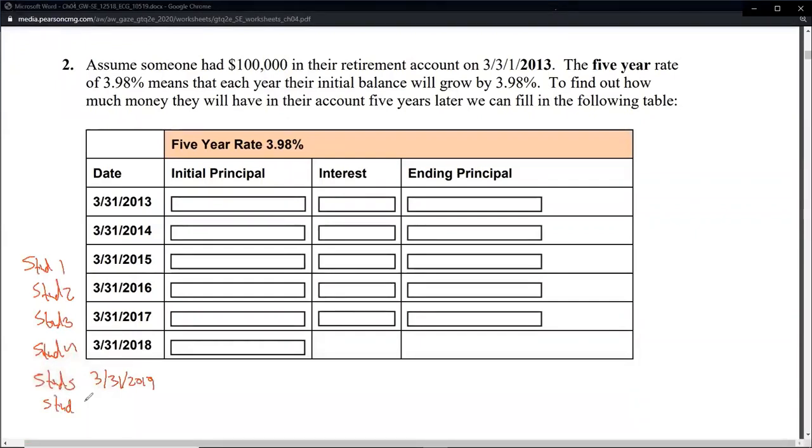The next student, number 6, does the 2020 current year's value. Then student 7 does 2021, the next student does 2022, then 2023, until every single one of you has done this, or you just don't get credit. So you must participate.